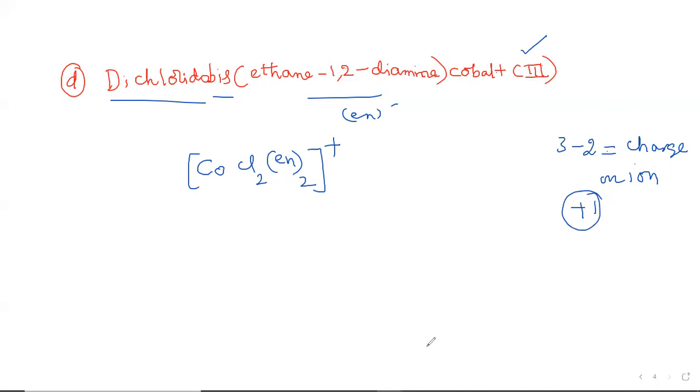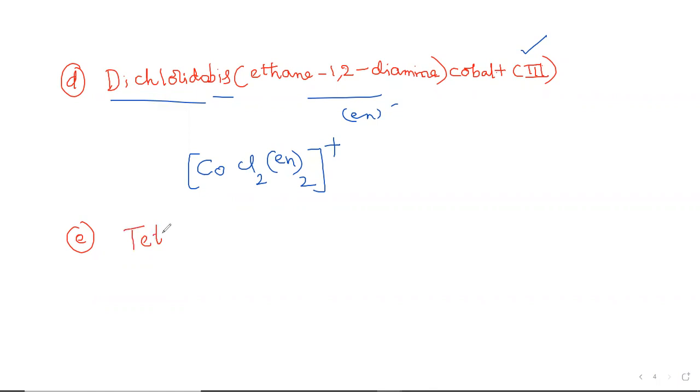Next, we'll take the next example, E. Tetracarbonyl nickel(0), they have given in the bracket.